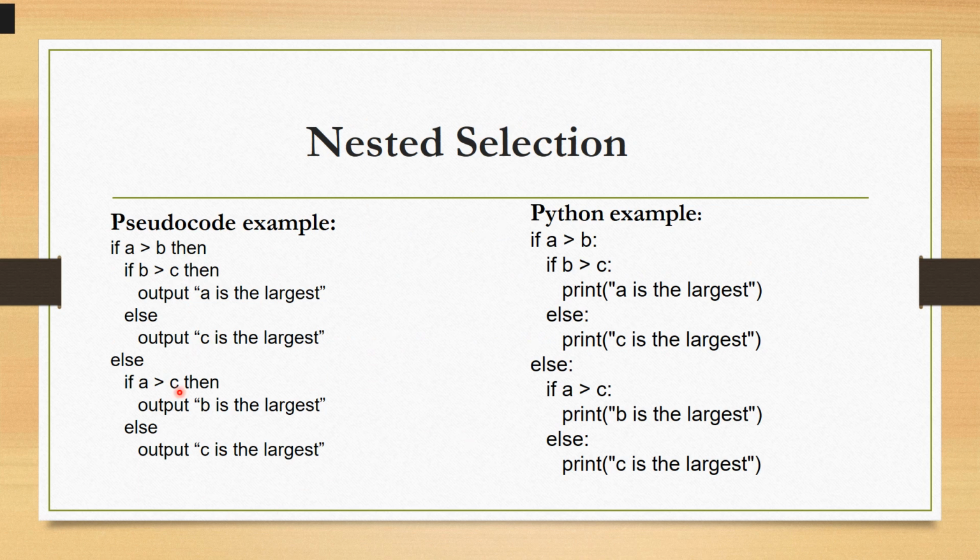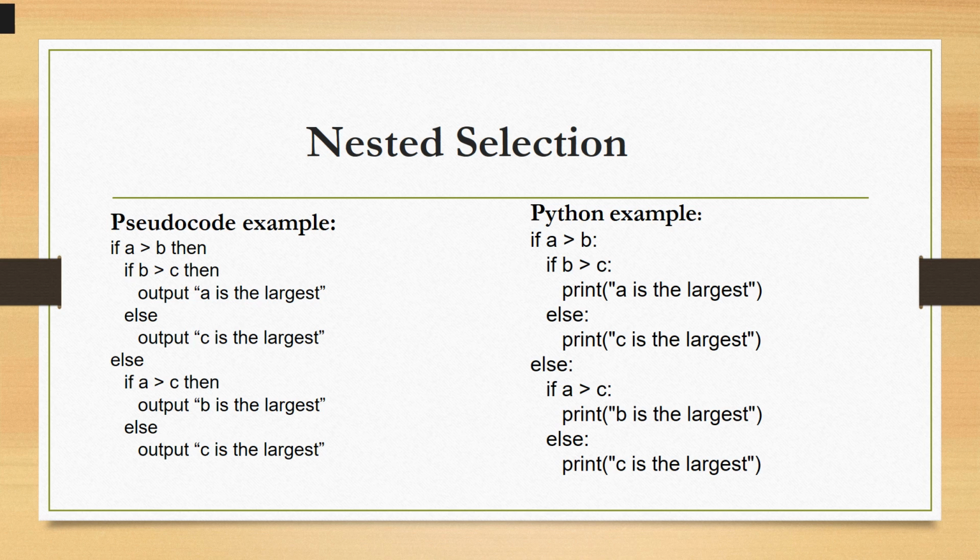As you can see in this code, if A is greater than B is true, then we will go inside this condition and then check if B is greater than C. If the outer condition, A is greater than B, is false, then we will skip these two conditions and directly move to the else part of this statement.